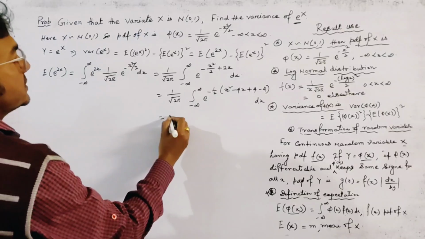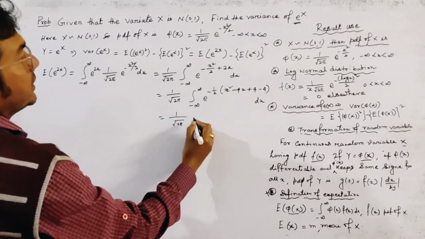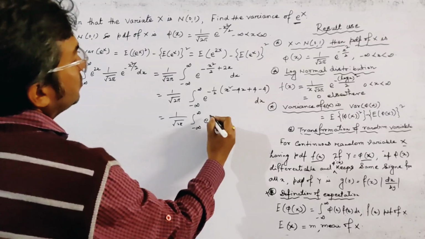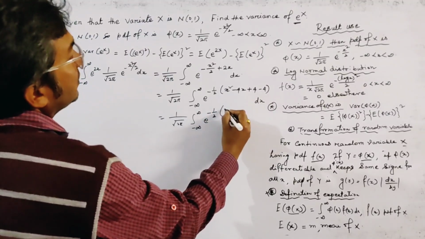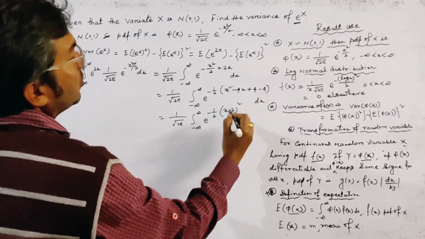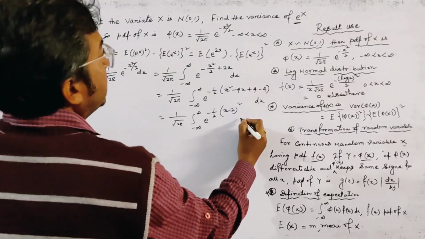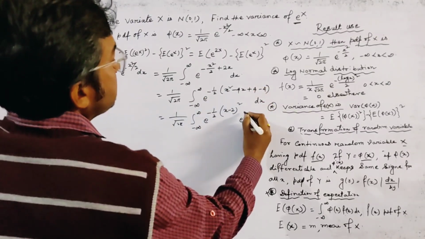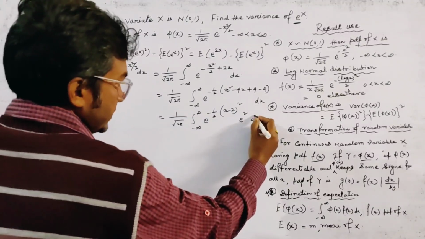This is 1 by root 2 pi integration minus infinity to infinity e to the power minus half into x minus 2 whole square, and the other term is e to the power minus half into minus 4, so this is e square dx.